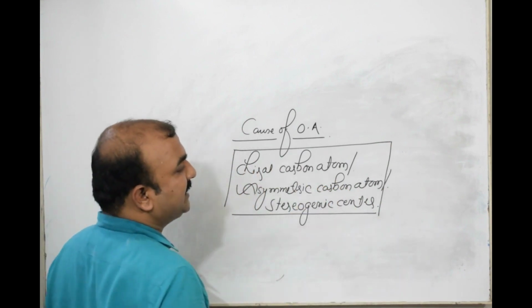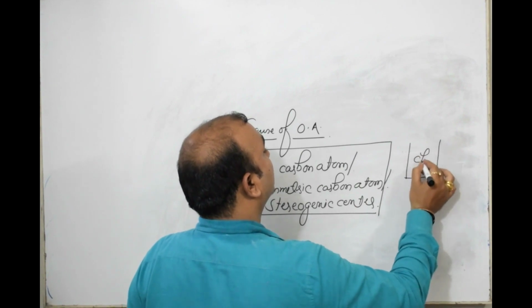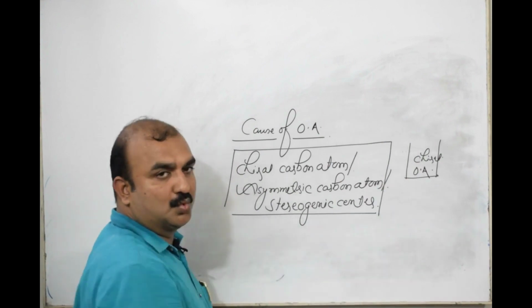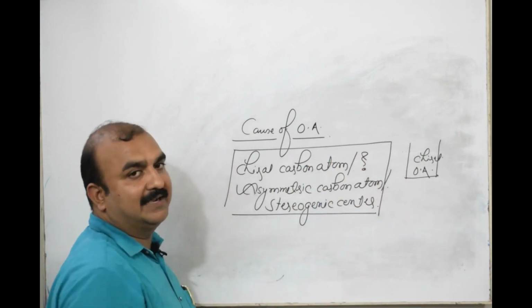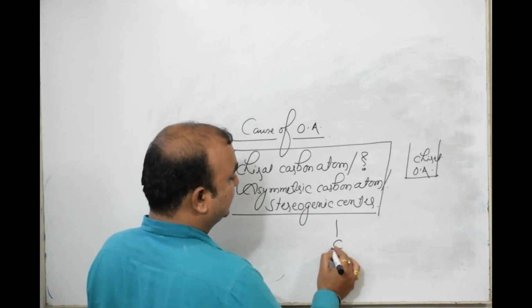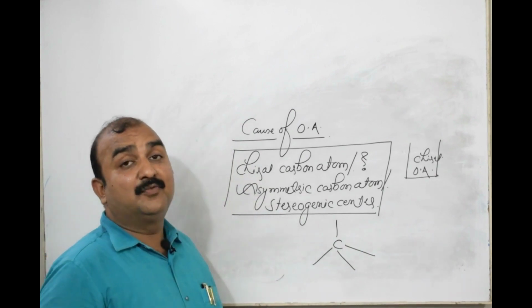Now, if a compound has the presence of a chiral carbon atom, that compound is optically active. That is true. So the next question is, what is meant by a chiral carbon atom? All of you know sp3 carbon is tetrahedral, and what is meant by valency?